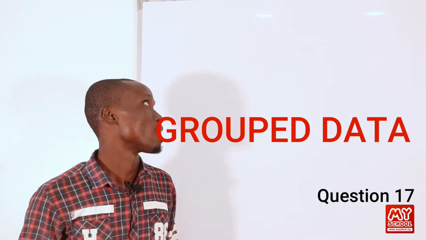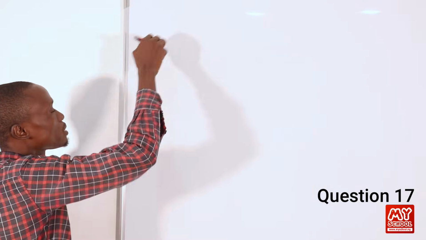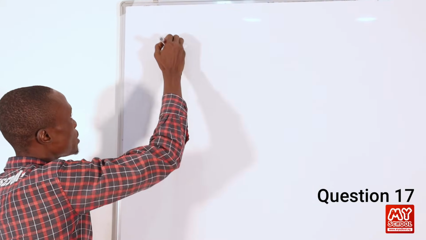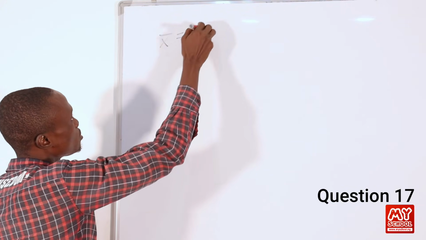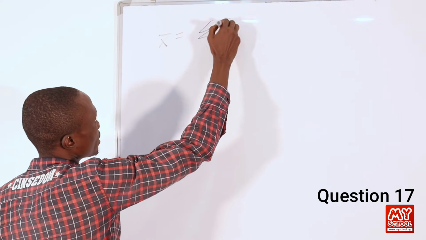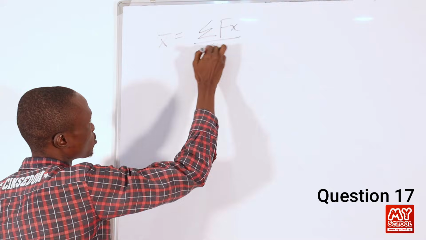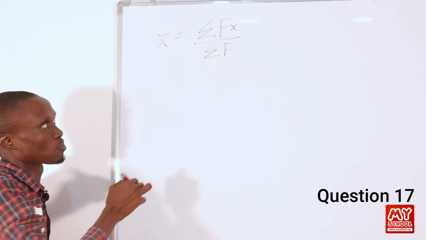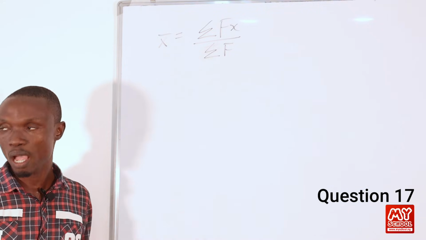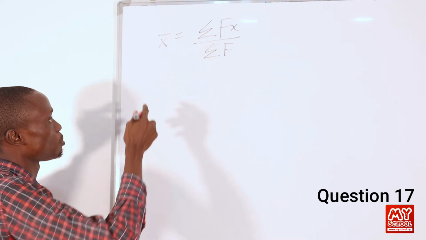Of course, we know from the question that this is a problem on grouped data. To calculate the mean of grouped data, we usually use summation fx all over summation f. But we will have to prepare our table.